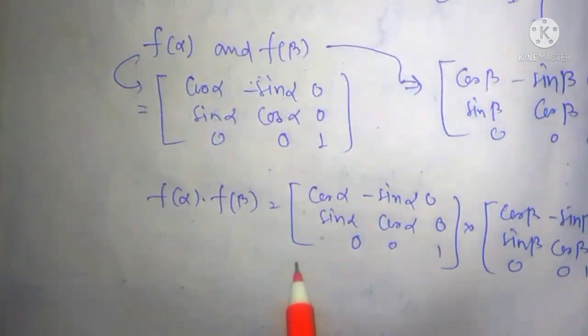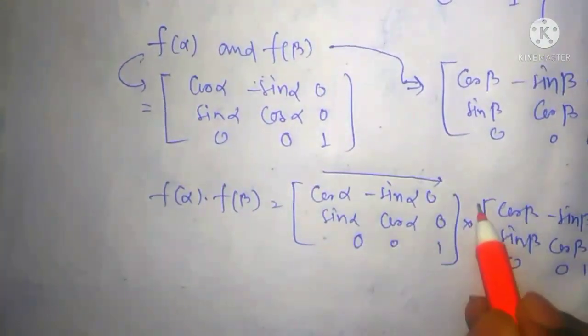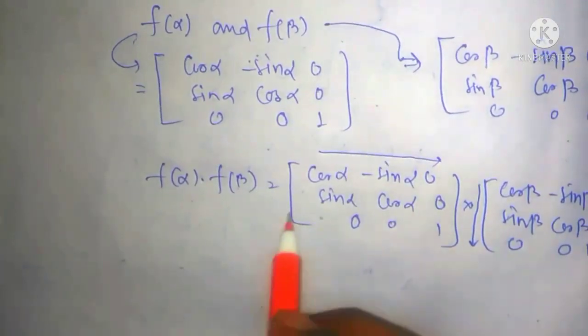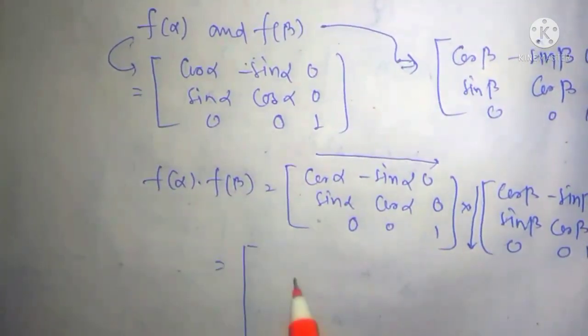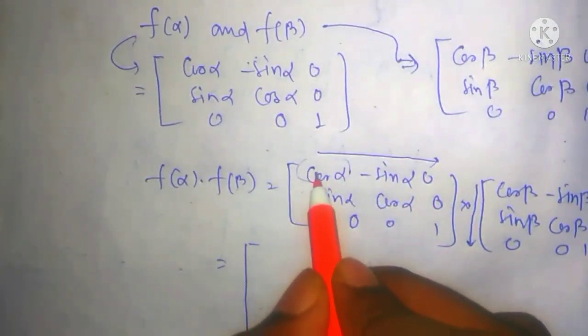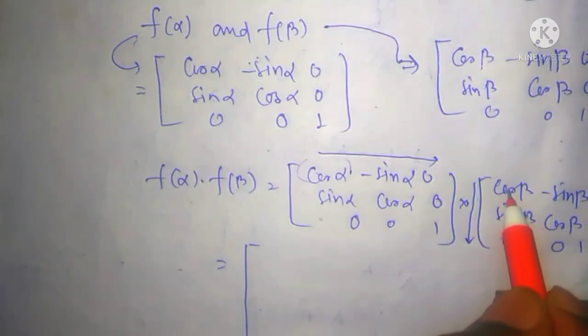You know how to multiply two matrices. If you don't know, you can check my playlist right now. The multiplication is the first row multiplied by the first column.